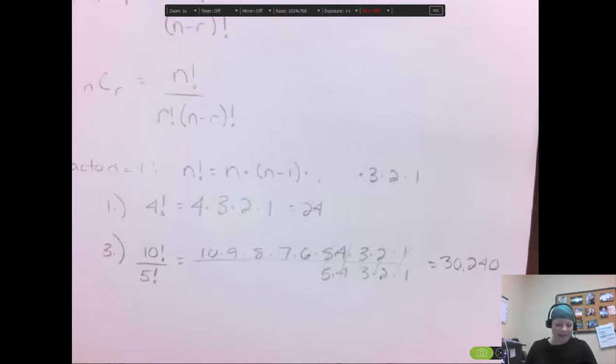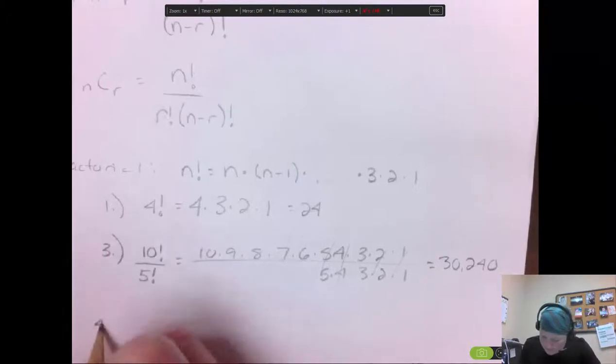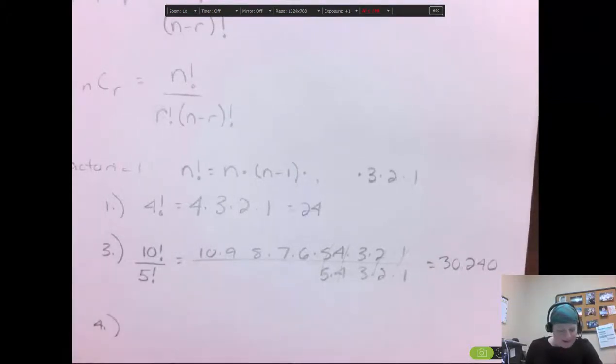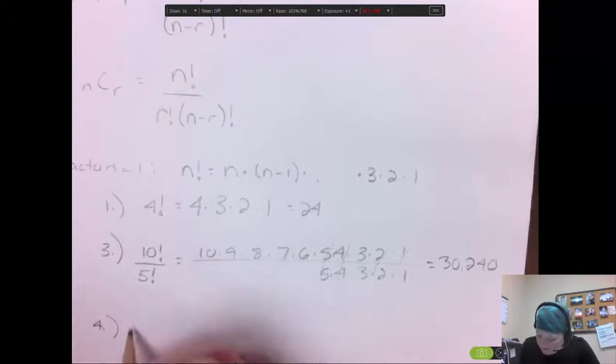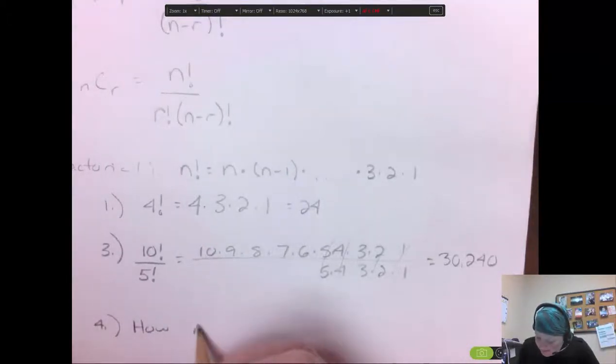So let's look at another example here. How many ways are there to arrange 8 shirts on a hanger in a closet?